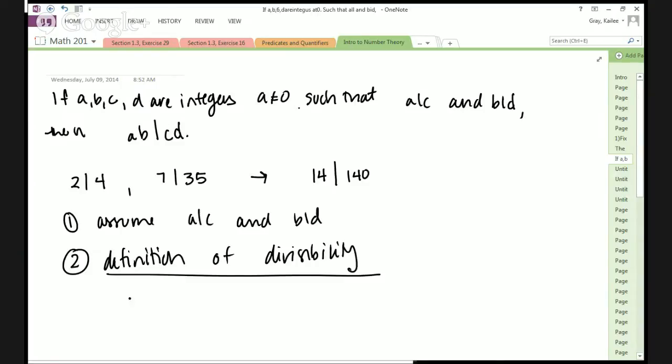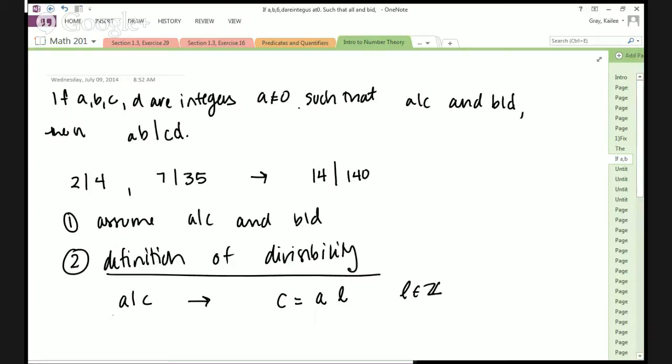Okay, so I know that if A divides C, remember, write out your example so you know which one to start with. Remember, the bigger one is always second, so when I'm writing this out as an equation, I always start with C and write it as A times some integer. So this is saying C is a multiple of A. A divides C, so C is some multiple of A, where L is an integer.